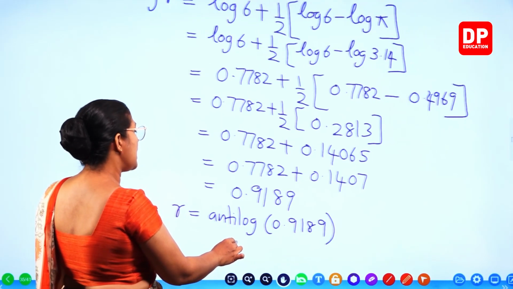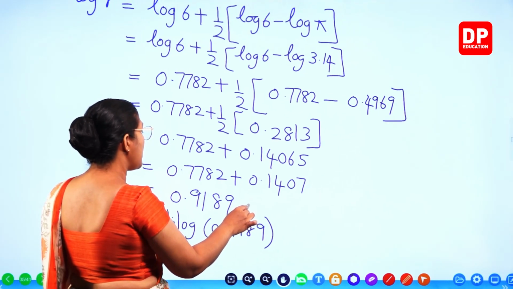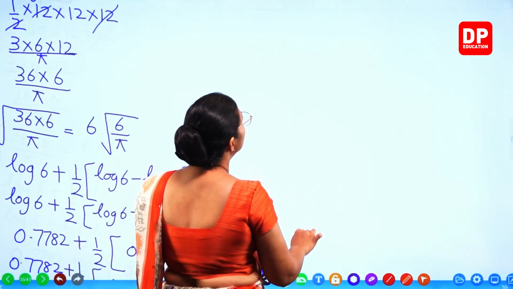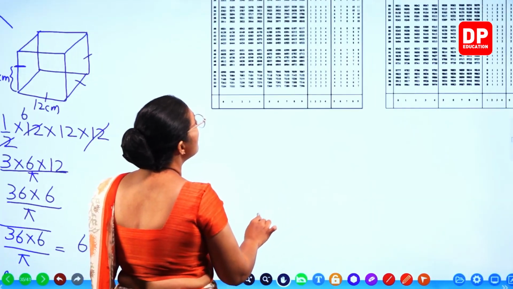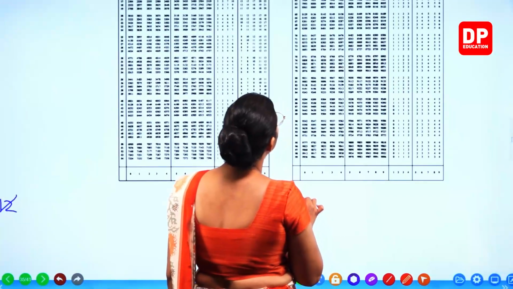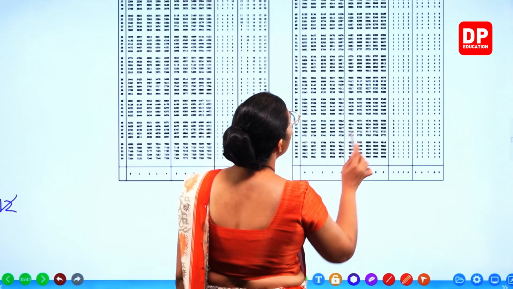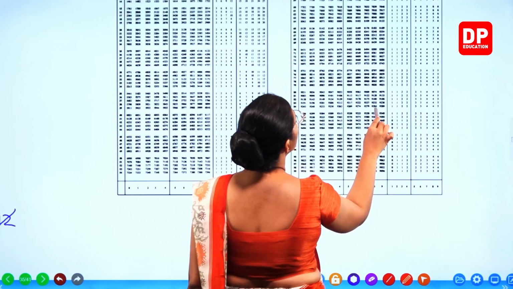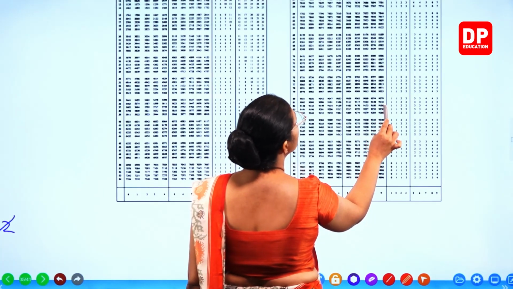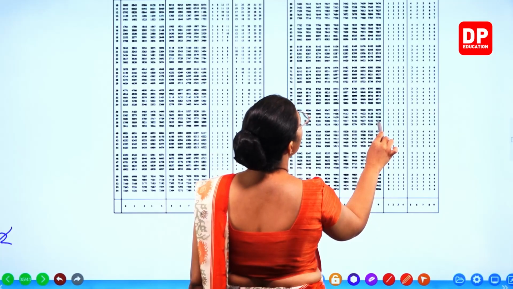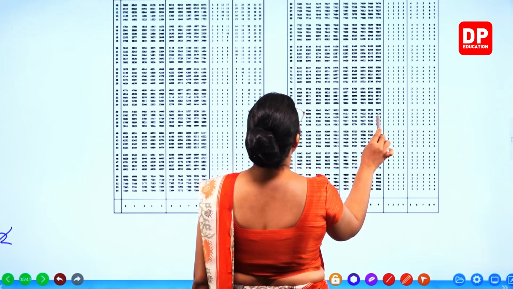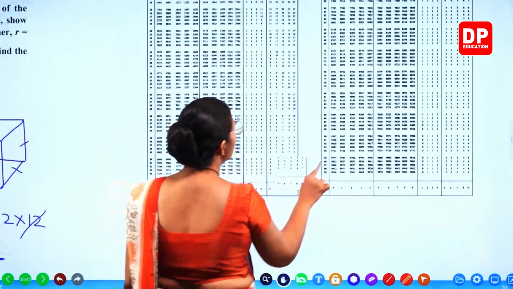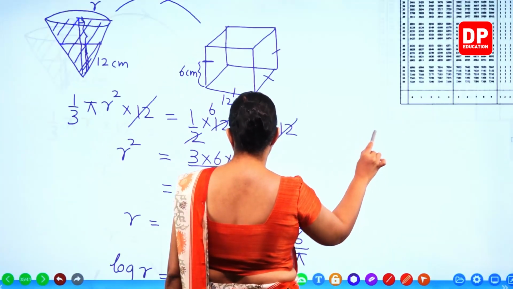So let's refer the table and see where you get 9189. So 86 is there. So we need another 3. So that's 5. 82 and 9, 5.